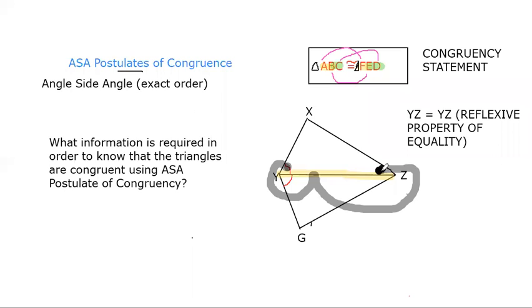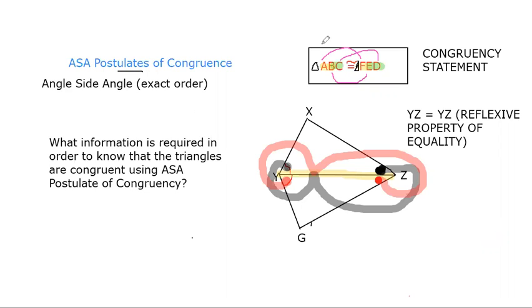I need that angle. Now, if I'm going to use the other triangle as well in this congruency statement, let's start at the angle. So I go out to the side, around to the angle. Angle, side, angle.